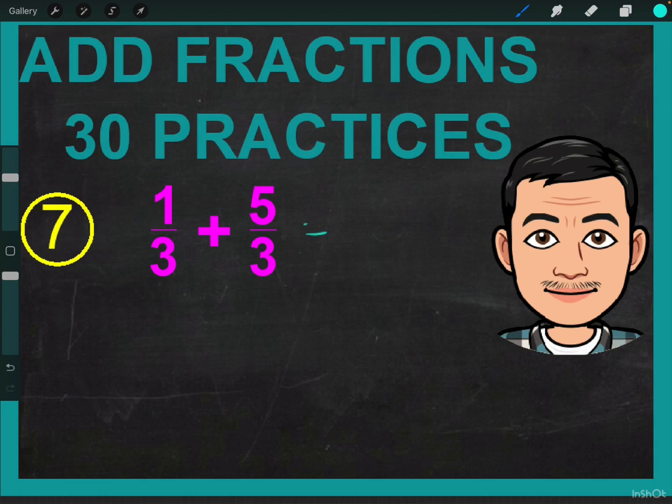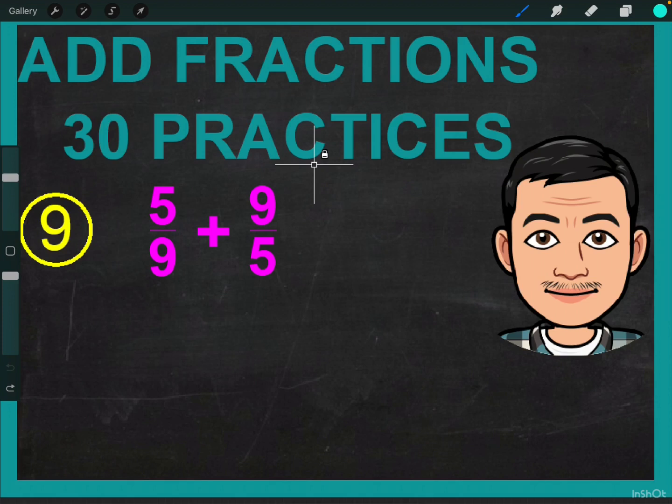So we just simply add the two numerators. 1 plus 5 is 6. 6 divided by 3 is 2. This one, we don't need to find the LCM or anything. We just add the two numerators.